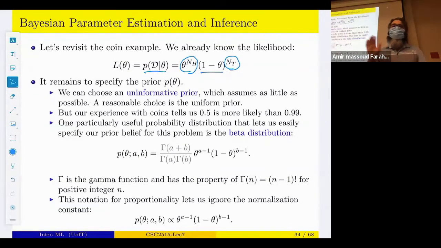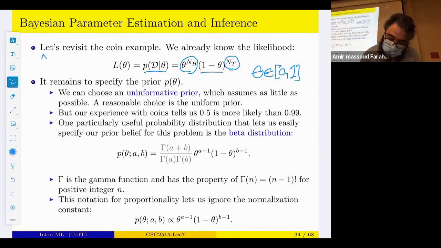Before that, what is the range of values that theta can take? Right, 0 to 1. So theta is between 0 and 1. If it is 0.5, it is an unbiased coin. If it is 0.1 or 0.9, it's a very biased coin.